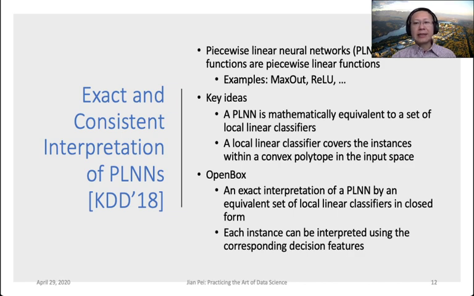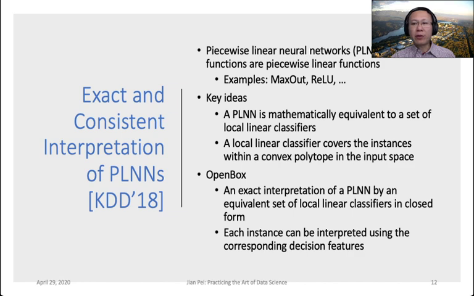To build an exact and consistent interpretation of deep neural networks, we propose an idea on piecewise linear neural networks. Piecewise linear networks are those neural networks using activation functions that are piecewise linear functions.